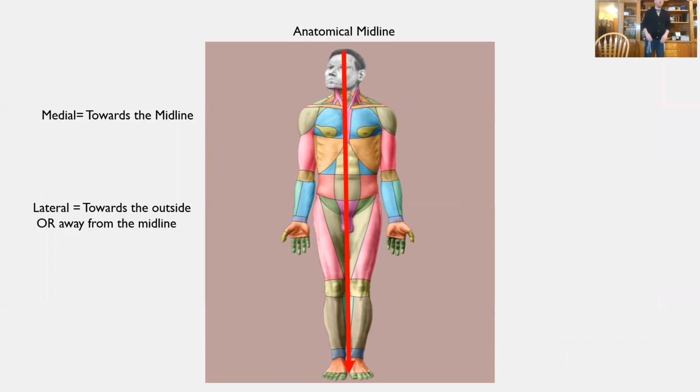So for example, my groin in here is medial to my hip out here. My hip is lateral to my groin. My MCL in my knee here is medial to my LCL in my knee out here. My thumb is lateral to my pinky. My middle finger is medial to my index finger.